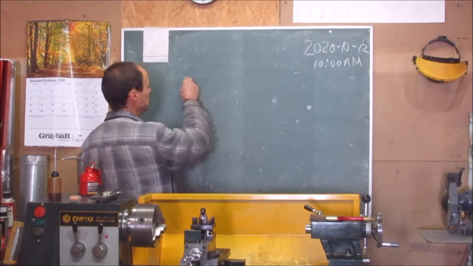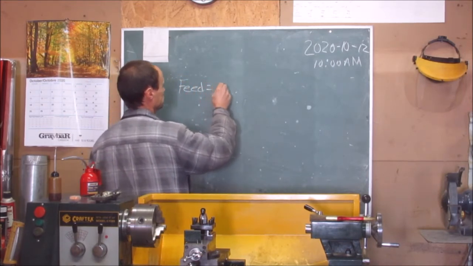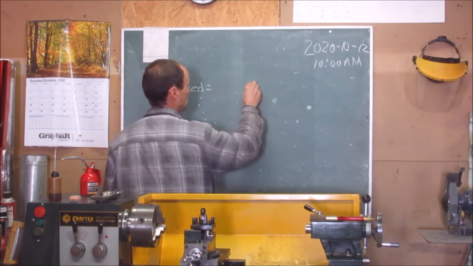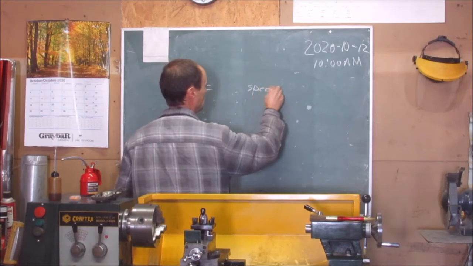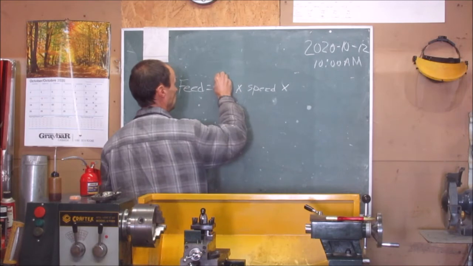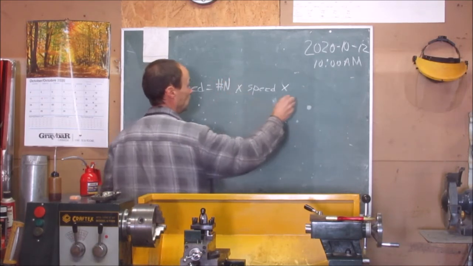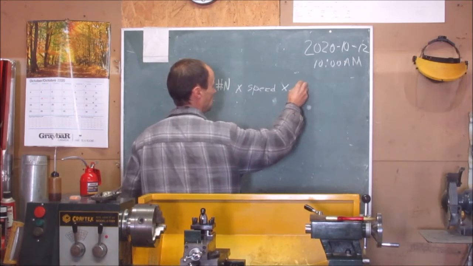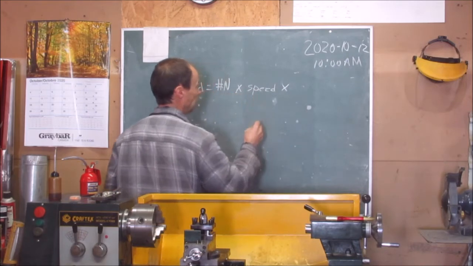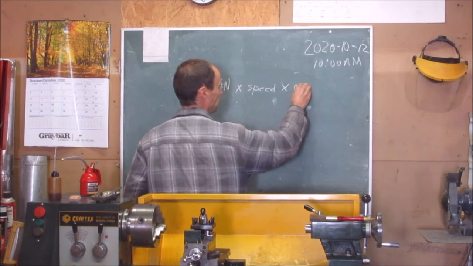Yeah, the formula I gave you was this, right? Chip per tooth.